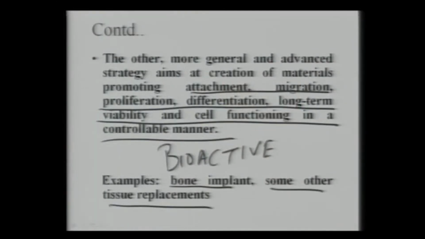In the in vivo environment, these materials always create surfaces which promote cell attachment, cell migration, or cell proliferation. These are examples of cell fate processes. These cell fate processes are promoted or encouraged when bioactive materials like hydroxyapatite or tricalcium phosphate are implanted inside the animal body.